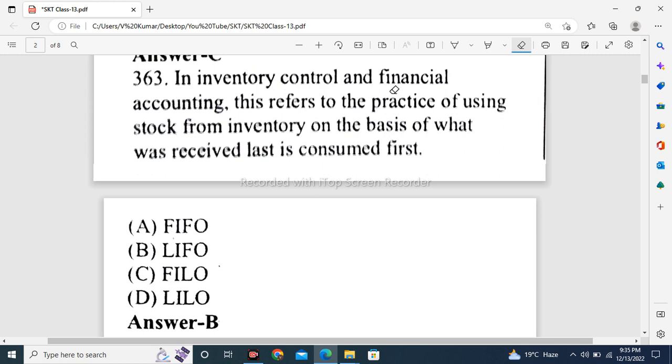In inventory control and financial accounting, this refers to the practice of using stock from inventory on the basis of what was received last is consumed first. LIFO. Answer B.